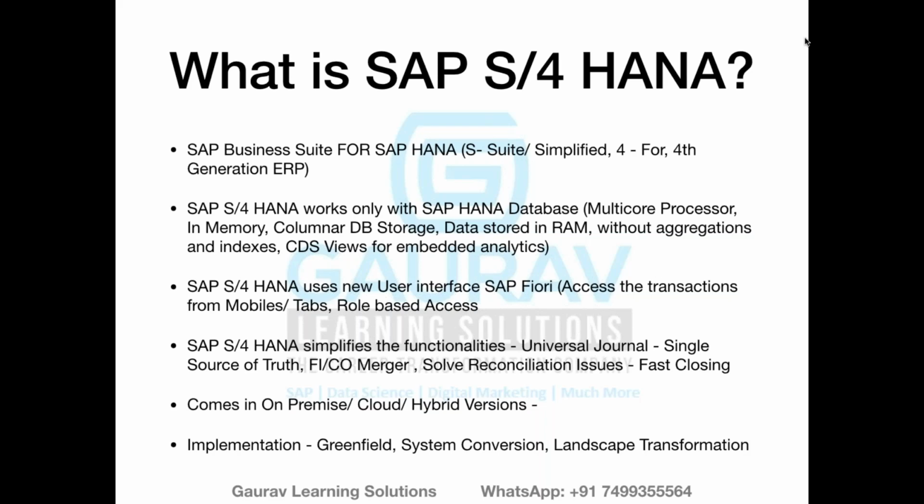So what exactly are these? BSIK, BSAK, BSID, BSAD. Why are these tables required in SAP ECC? They are required to reduce the load on the BSEG table, so that users, instead of going to the BSEG table directly, can go to a subset of BSEG.